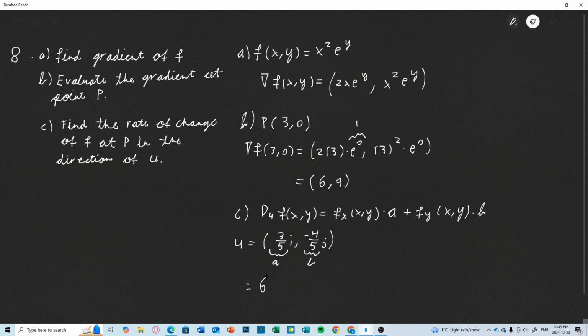So it's going to be 6 multiplied by 3/5 plus our partial of y, which is our 9, multiplied by negative 4 over 5, because that's our b, which will give us our final answer of 18 over 5 minus 36 over 5, or negative 3.6.